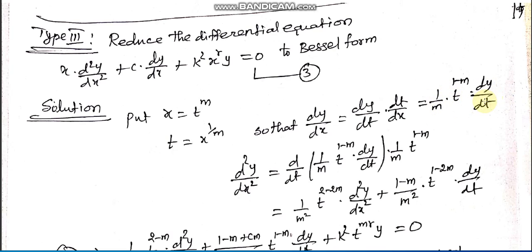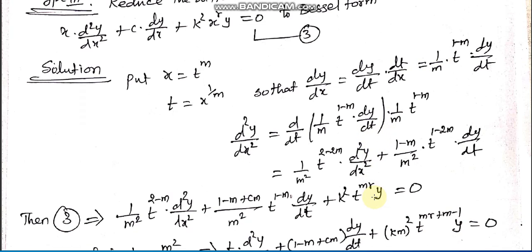Now d square y by dx square, on differentiating dy by dx, we can get this.